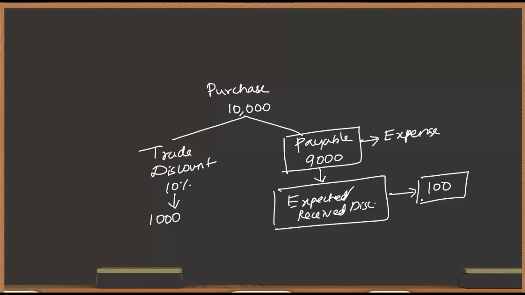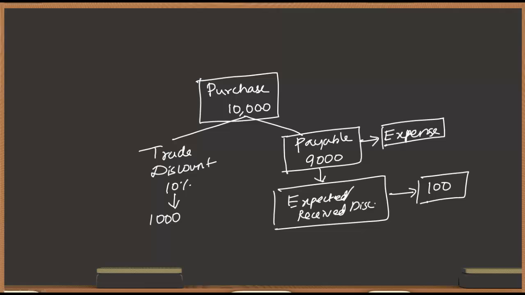Now understand, the purchase is worth 10,000, whereas they were asked to pay only 9,000. So their actual expense is only 9,000, and they have made the payment promptly, so they have received the discount of 100 rupees.